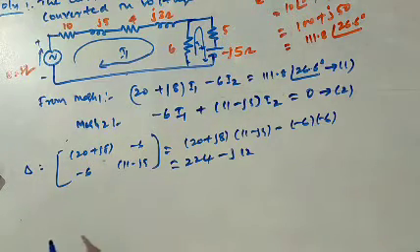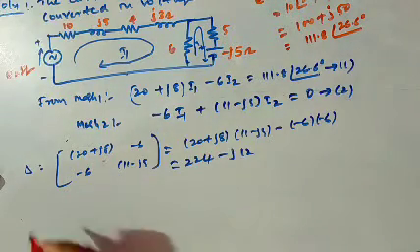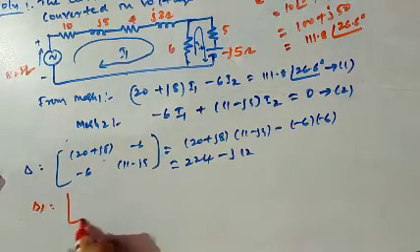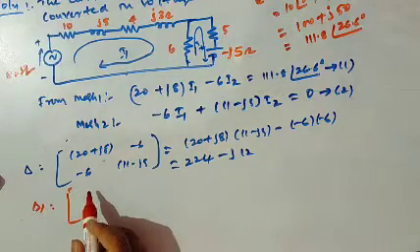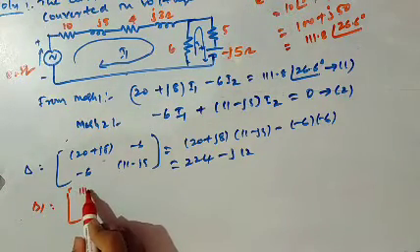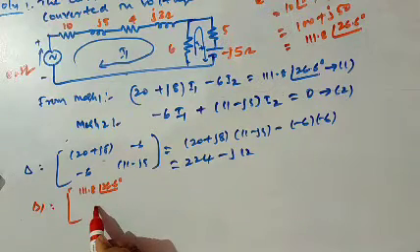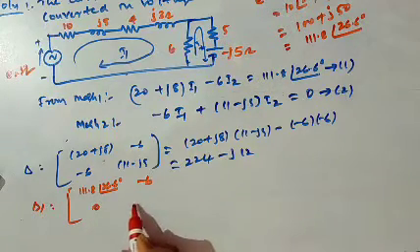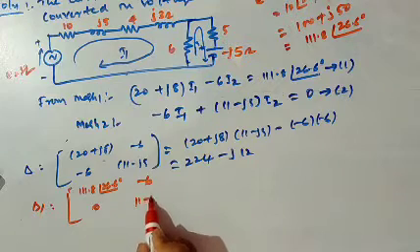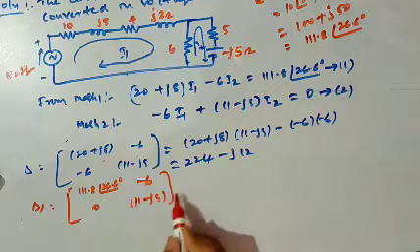Similarly, delta 1 is equal to the determinant where we replace the first column with 111.8 at an angle of 26.6 degree and 0, keeping the second column as it is, minus 6 and 11 minus J5.